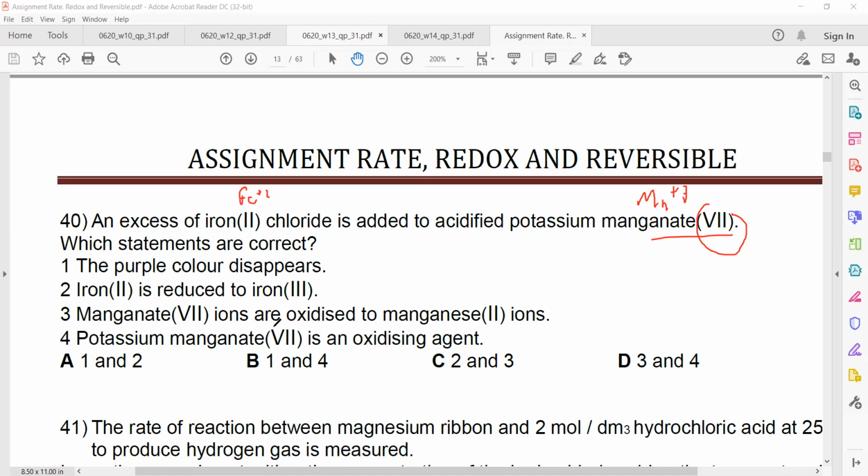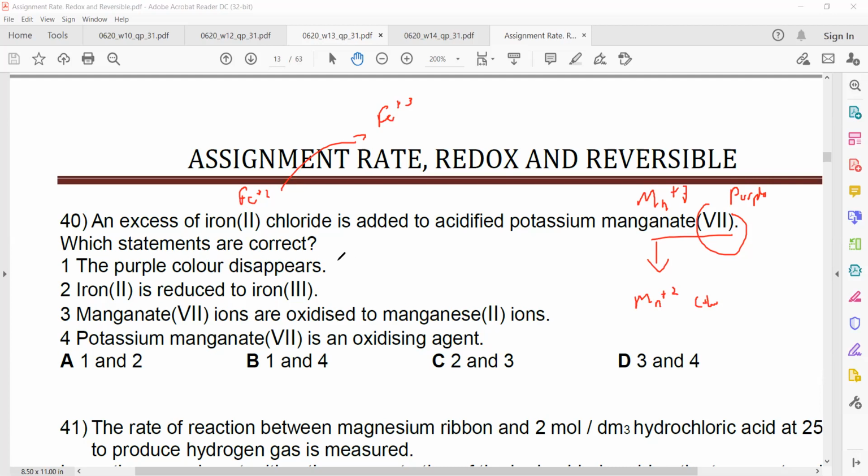Basically this is a redox reaction, where Mn plus 7 changes to Mn plus 2. This one is purple or pink in color and this one is colorless. And iron 2 changes to iron 3. So iron 2 is oxidized and Mn7 is reduced.